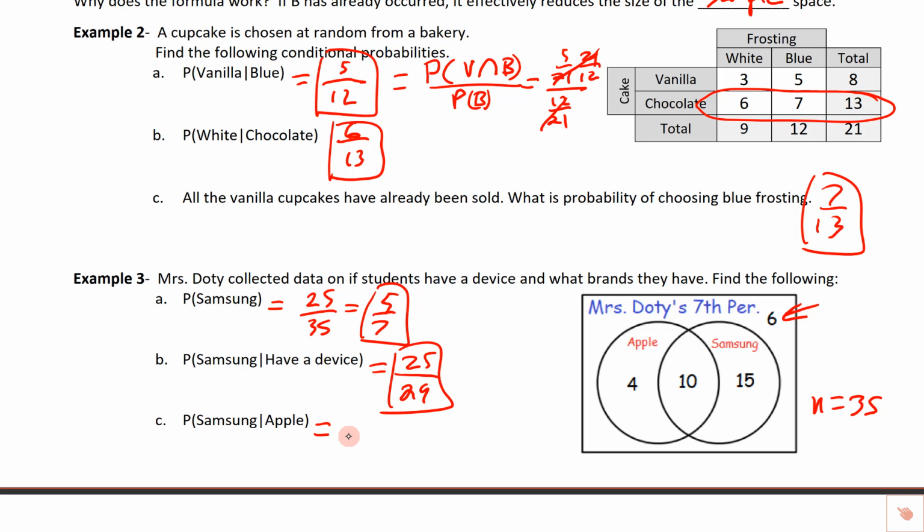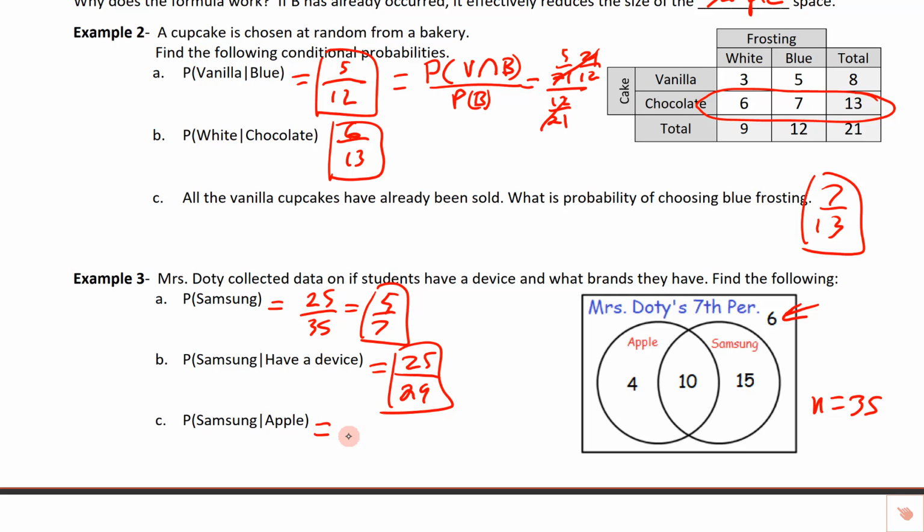I'm stuck between two. Okay, I'll give you another 20 seconds. Get something written down. Okay. Hopefully you've got something written down.